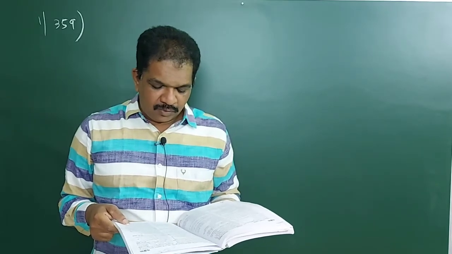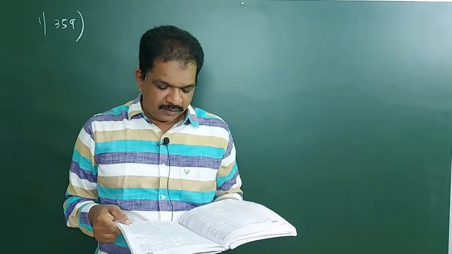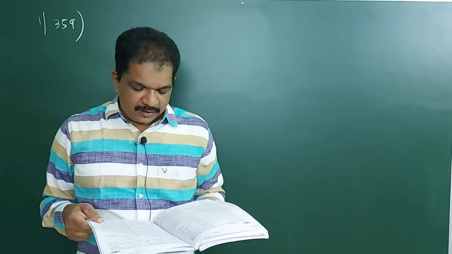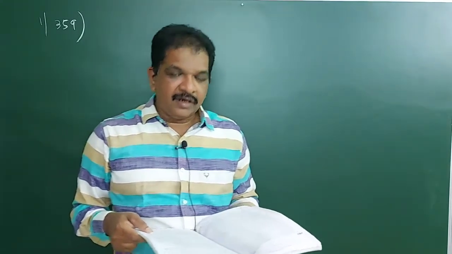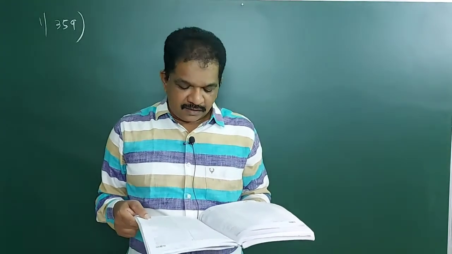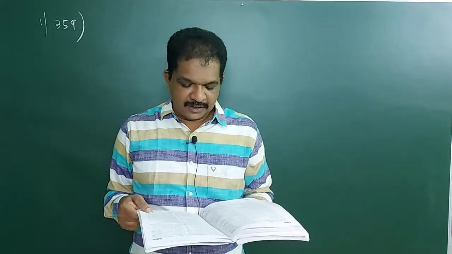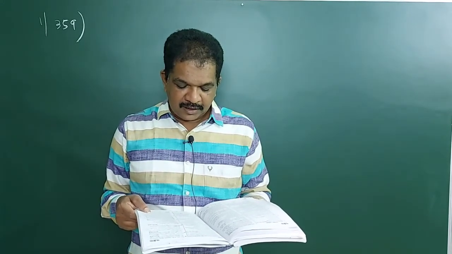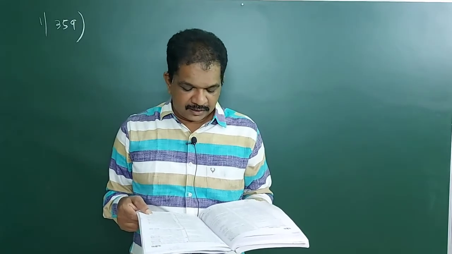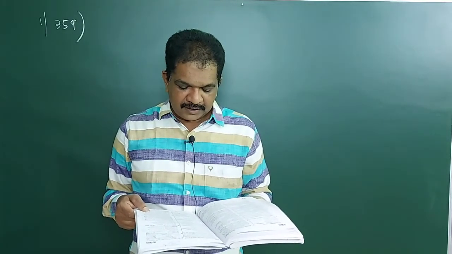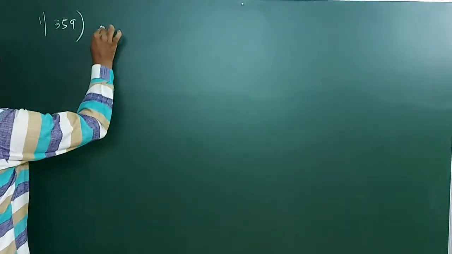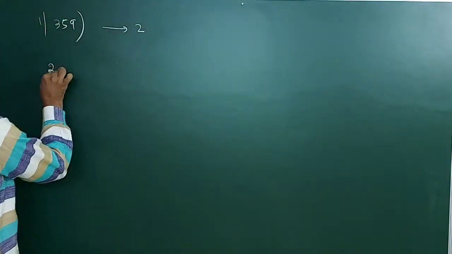Rutherford's atomic model could account for what? The concept of stationary orbits, no. The positively charged central core of an atom, that is correct. Origin of spectra, stability of the atoms. So first question, it will be the second option.